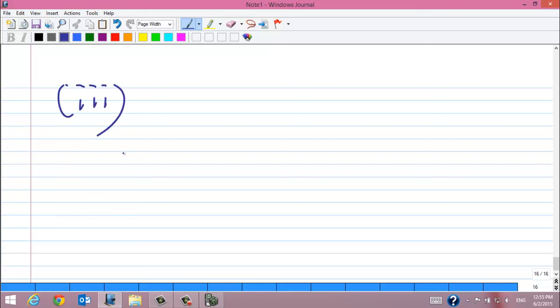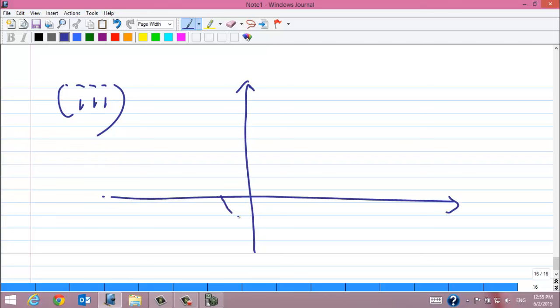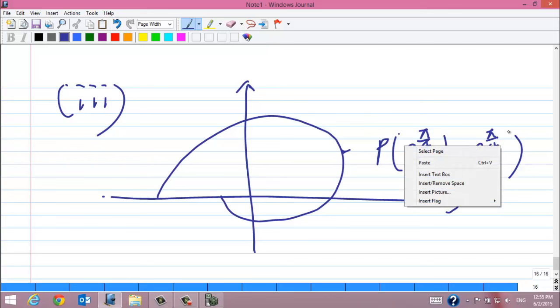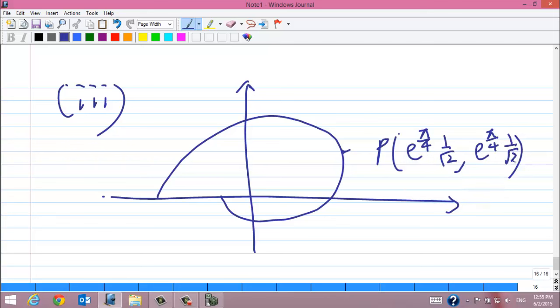Okay, number 3. They say, for this curve, it is something like this. This is point P. When t equals pi over 4 is subbed in, it becomes e power pi over 4 over root 2, since sine and cosine are both equal to 1 over root 2.